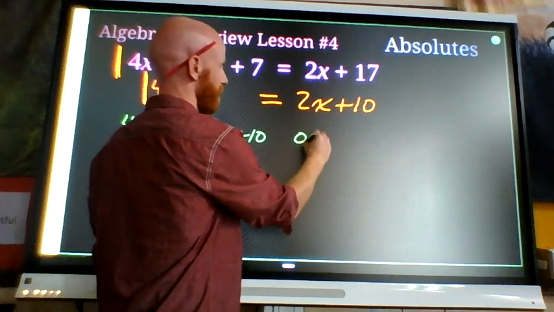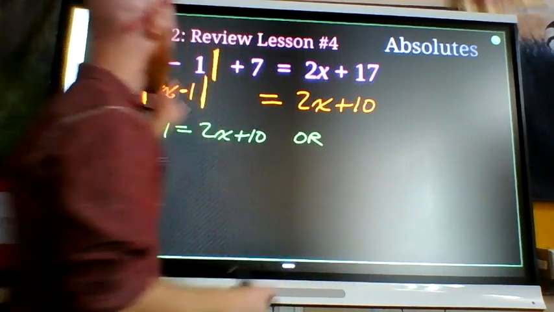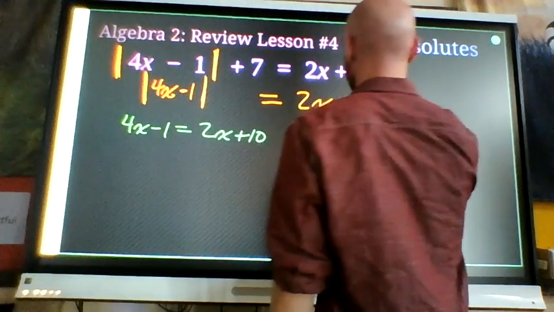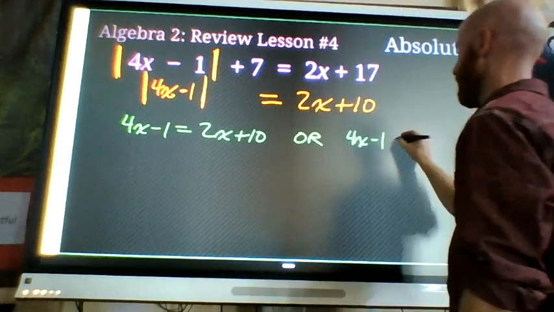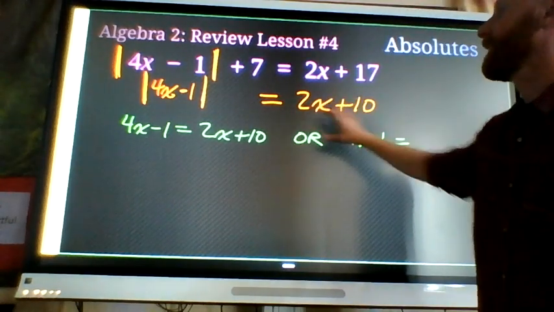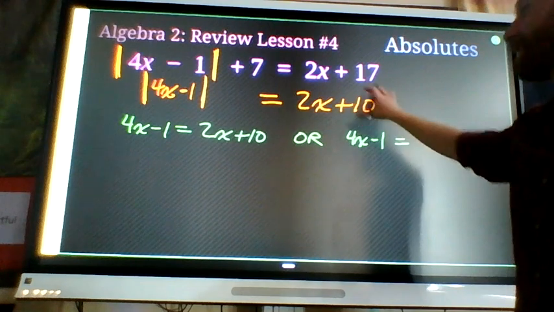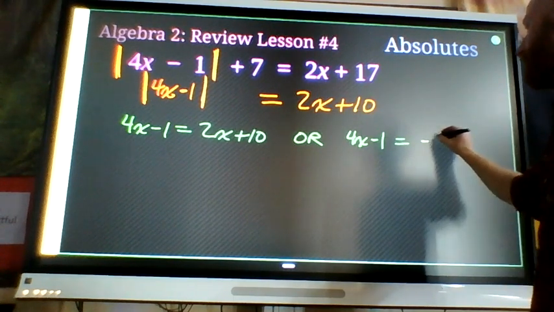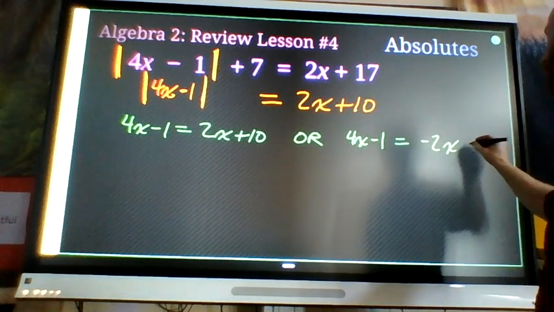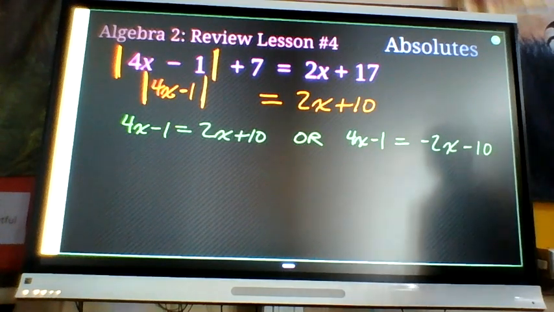Or it's possible that what's inside here, 4x minus 1, equals the complete opposite of this. So negative 1 times this. And that means I'm going to have to change all signs. Negative 2x minus 10.